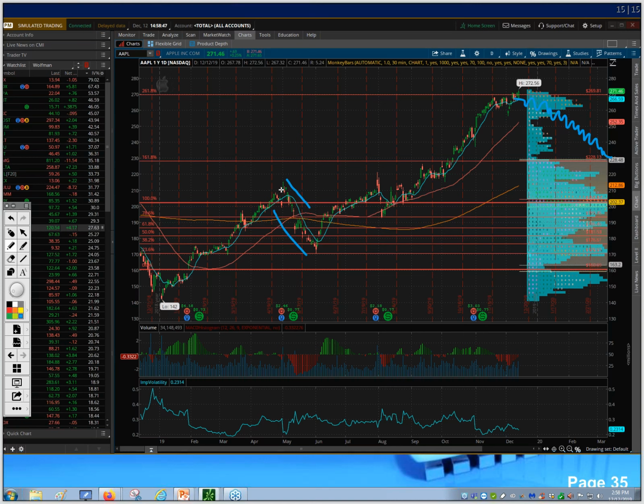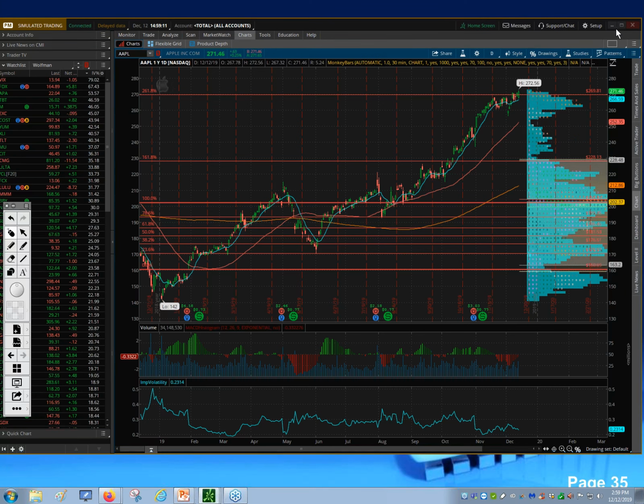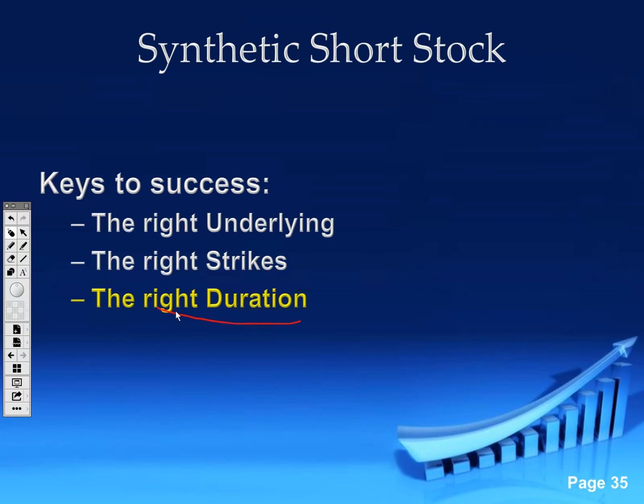So the last thing you really want to do, if you have that price target, is not give yourself enough time. And yeah, you might have to pay a little bit more in margin for that longer duration, but it's not going to be much. You're still going to be able to build this strategy out for 50% less than what it would cost to short that underlying. So give yourself the long duration.